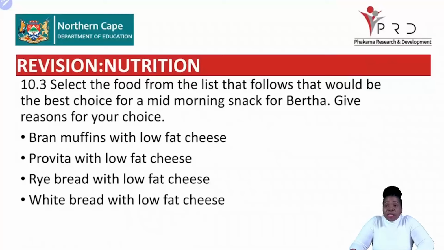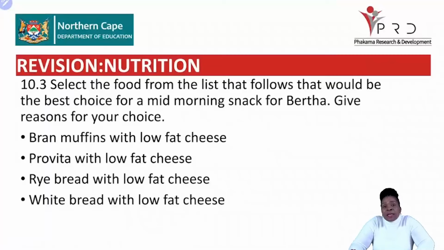Judging from the symptoms that we have read from the scenario, Betha is always thirsty, she urinates all the time, which means those are some of the symptoms of people with diabetes.